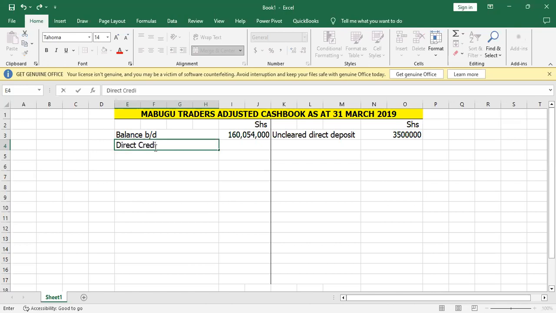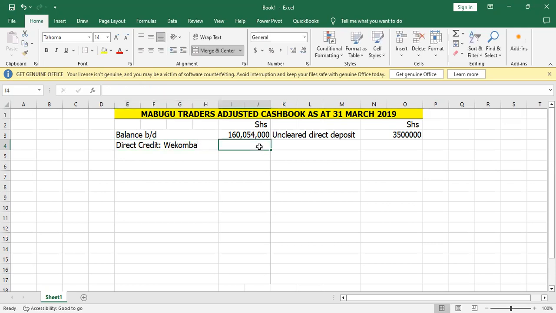This was of how much? This was 16.3. So we say that we shall debit our adjusted cash book.